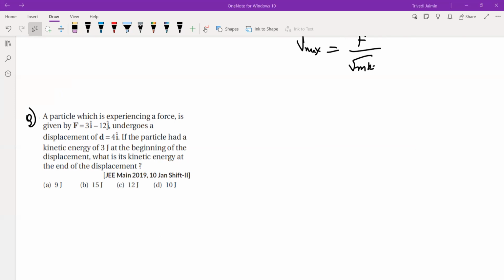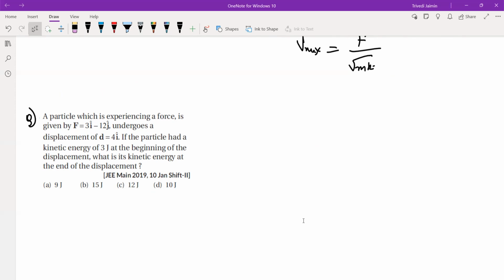See what I did here. We need to find work done so that I can use the work energy theorem. Even I won't use a pen. Force is given, force into displacement. And in displacement, we have only the i term, so the j term is 0. So 3 fours are 12. 12 is work done. So work done equals K final minus K initial. K initial is given as 3 joules.